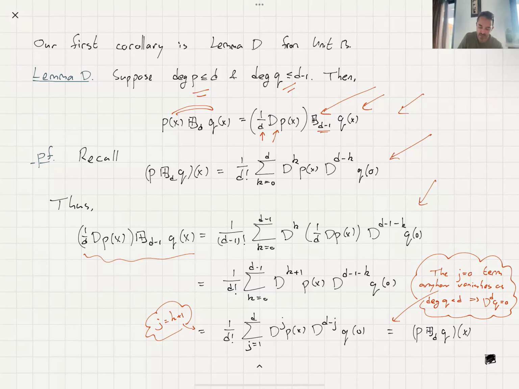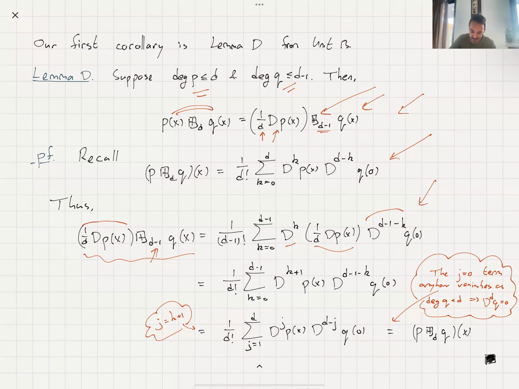Right now it's 1 over (d minus 1) factorial because we're looking at the (d minus 1)-th additive convolution. And then we sum from 0 up to d minus 1, and we take the k-th derivative of the polynomial that we have, which is 1 over d times the derivative of p of x, times the derivative complementing k to d minus 1 of q, and evaluate at 0.